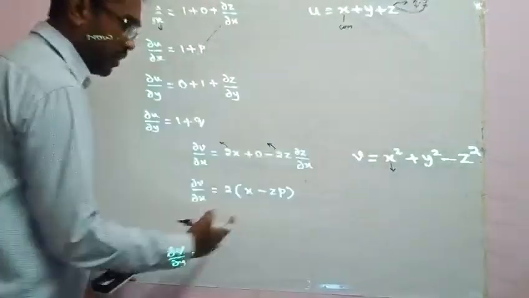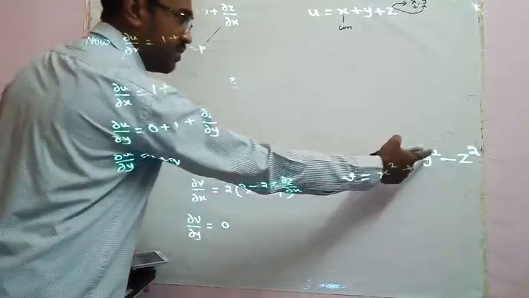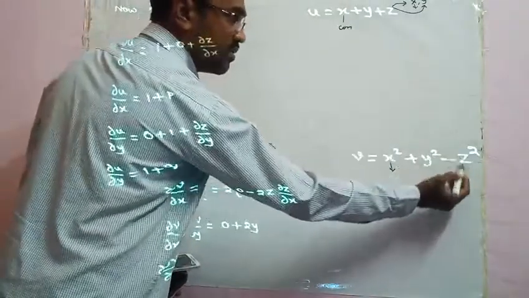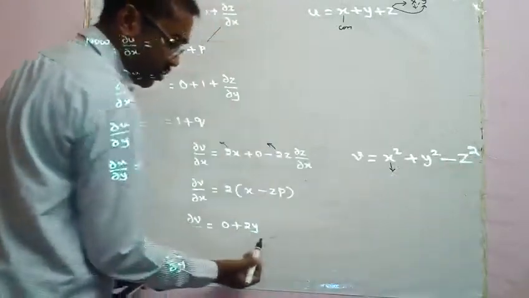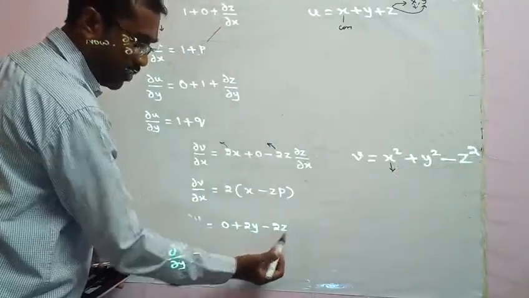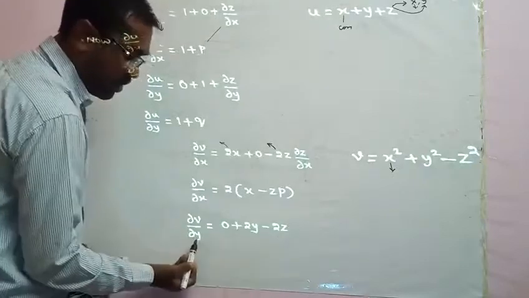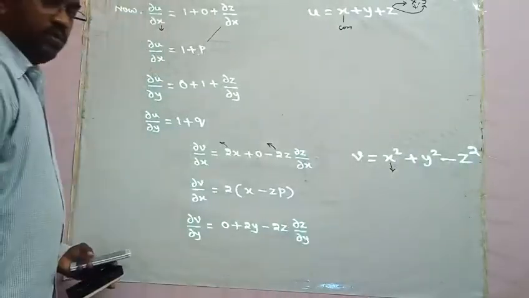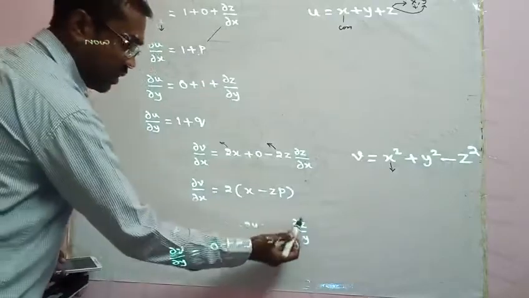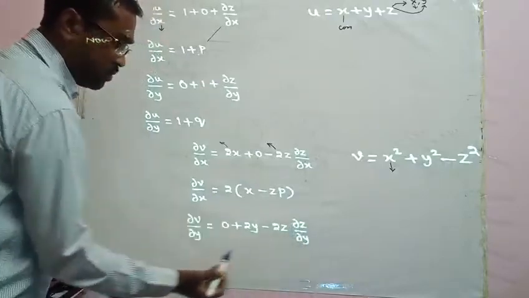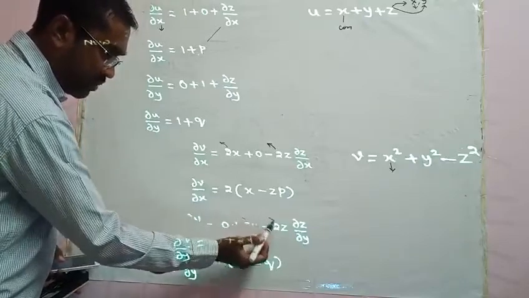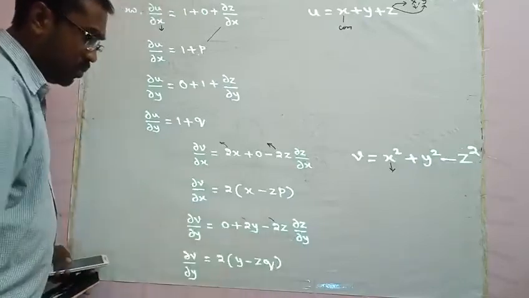Differentiation of x² is 0, plus differentiation of y² is 2y, minus differentiation of z² is 2z into ∂z/∂y. Because we are differentiating partially with respect to y, we write ∂z/∂y by using the chain rule. We can write this as q. Take 2 outside and write this as q.